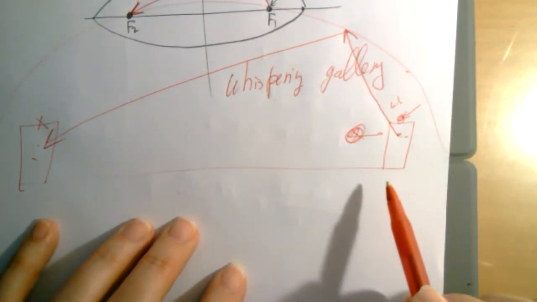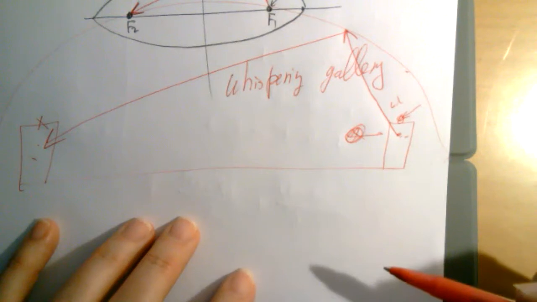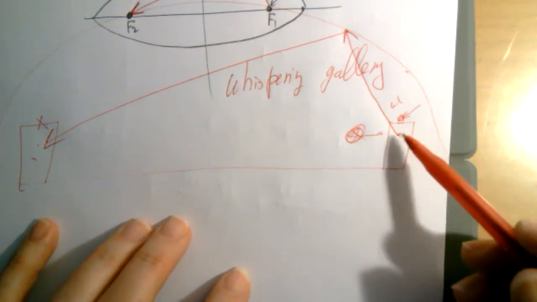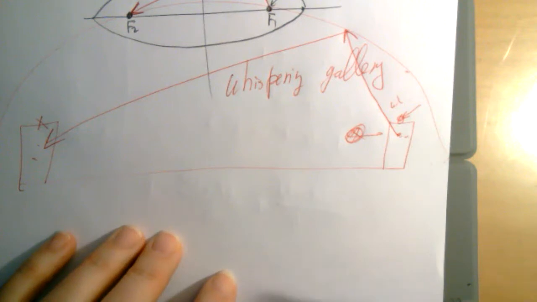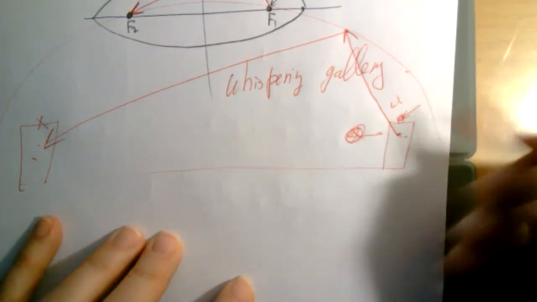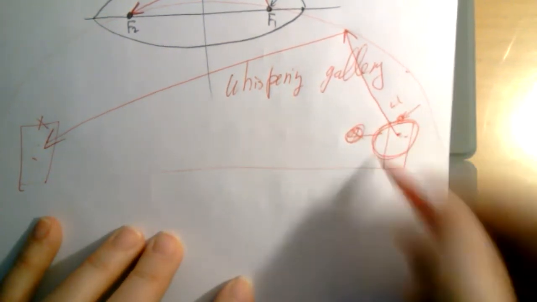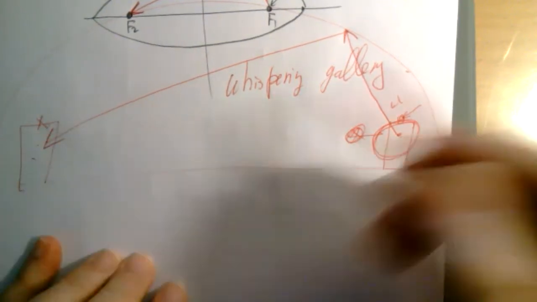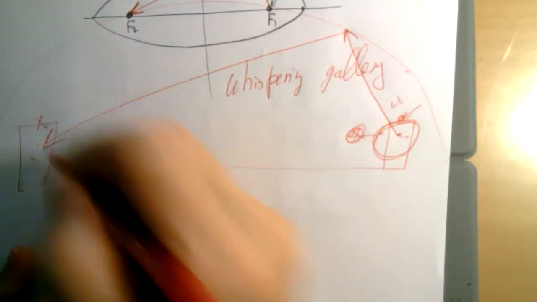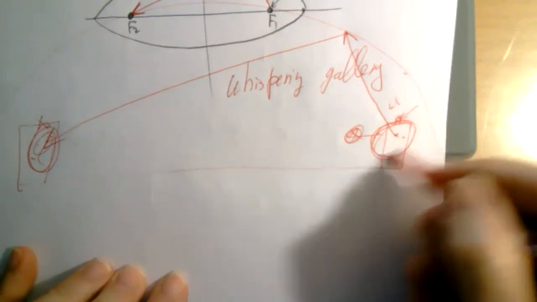surgery, especially kidney stones. When you have kidney stones, one of the surgeries people perform is actually not an invasive surgery. They put the person who's sick right here on one of the focus points, and they put a machine here.